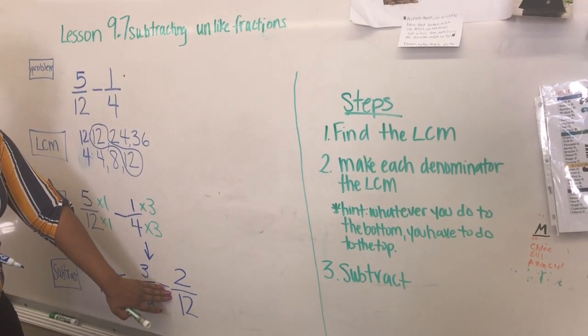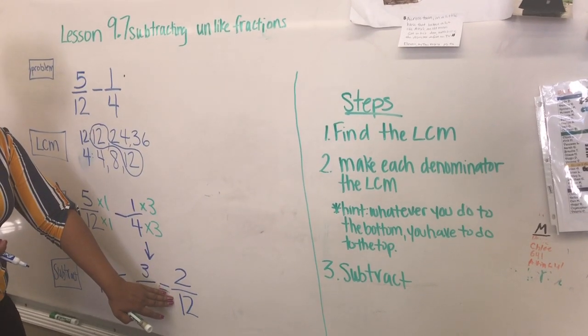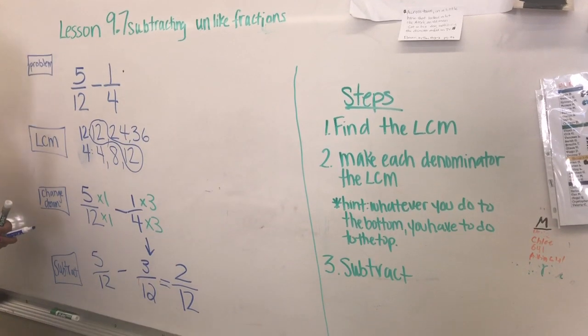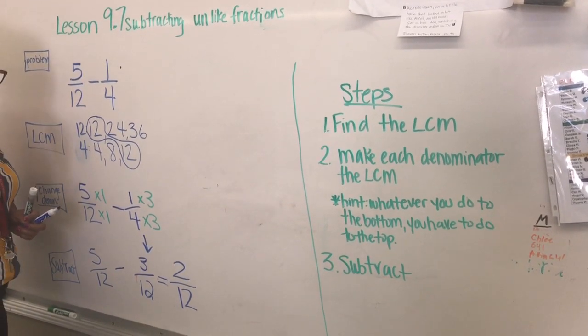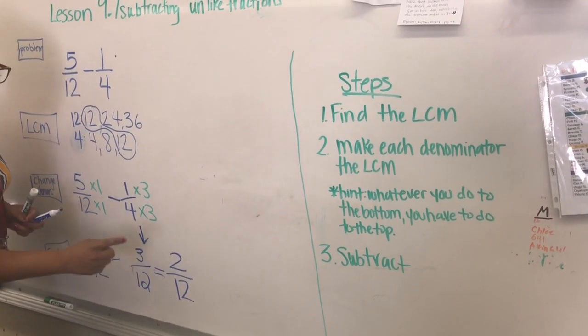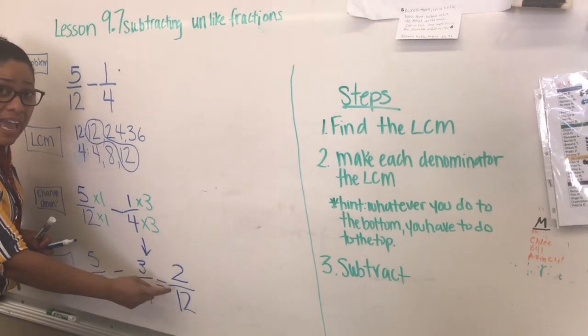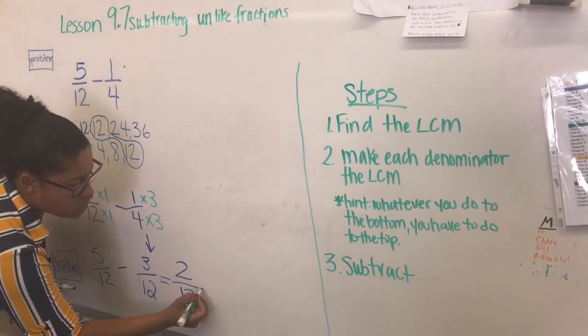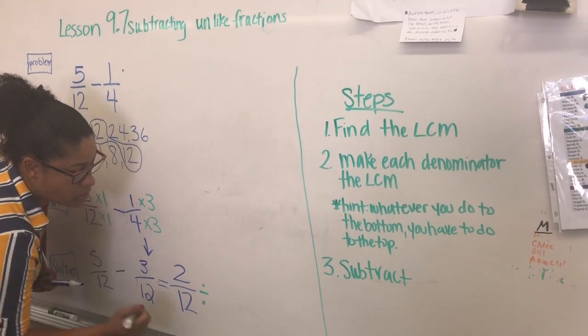to be able to reduce this or put it in what's called simplest form. And in order to do simplest form, you have to ask yourself, when I divide, what number can I divide both 2 and 12 by? I already know that I can divide both 2 and 12 by the number 2.